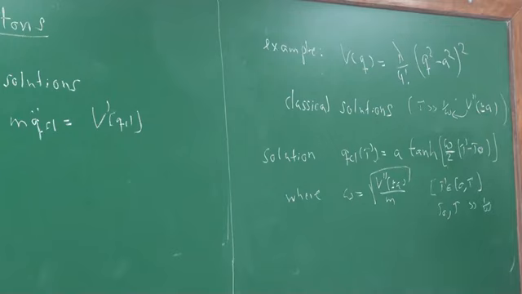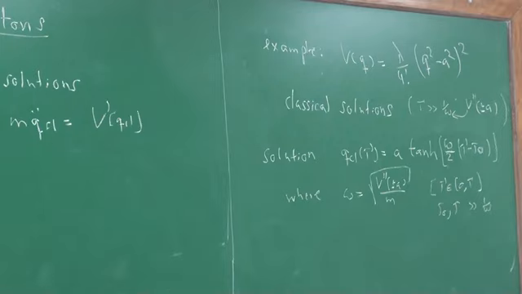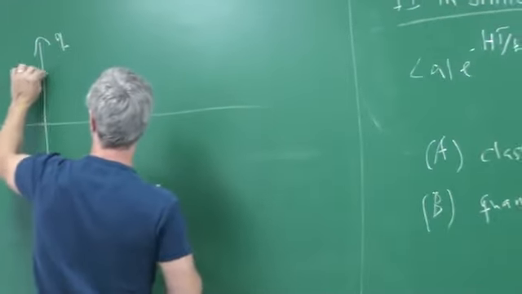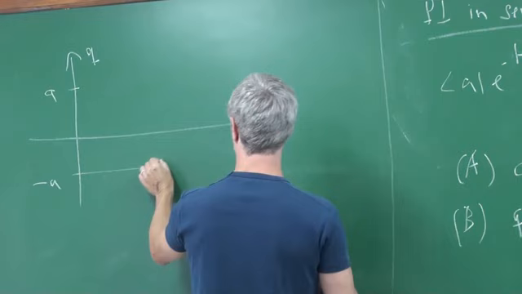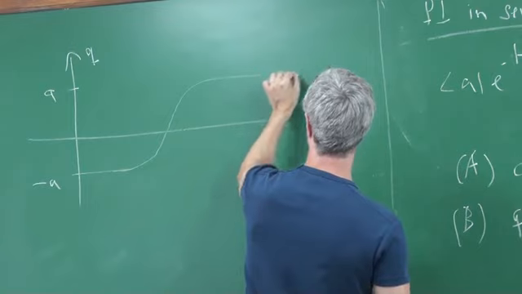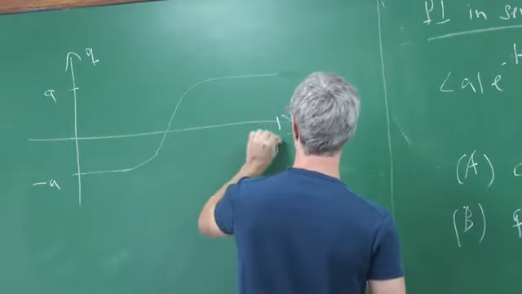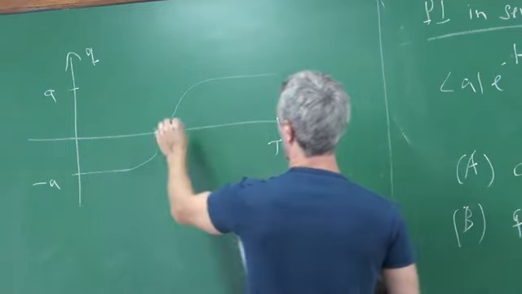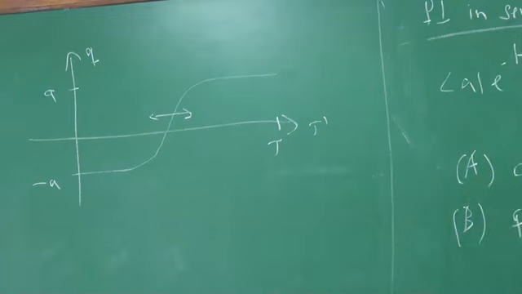So this is a solution which in this limit connects minus a and a in the time tau prime. If we want to draw this, it looks the following way. Here is the coordinate a and minus a, and we have a function which changes in time tau prime from 0 to tau, from minus a to a. The transition between those two values is given by this intrinsic time scale.